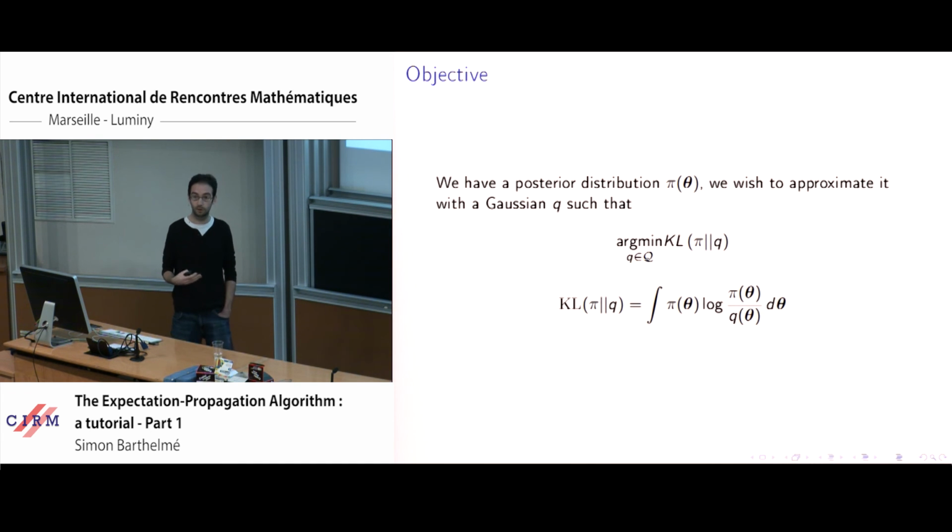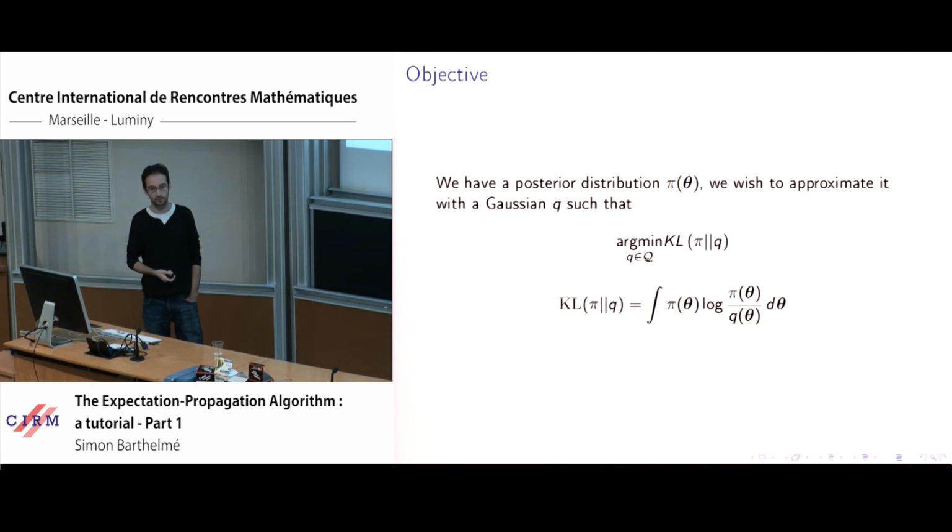So before, in variational Bayes, we had q to pi; now we have pi to q. The reason we might prefer going from pi to q is that it's an expectation under pi, and it forces your approximation to have support at least as wide as the true distribution. So you're trying to cover the mass of your actual target. Okay?